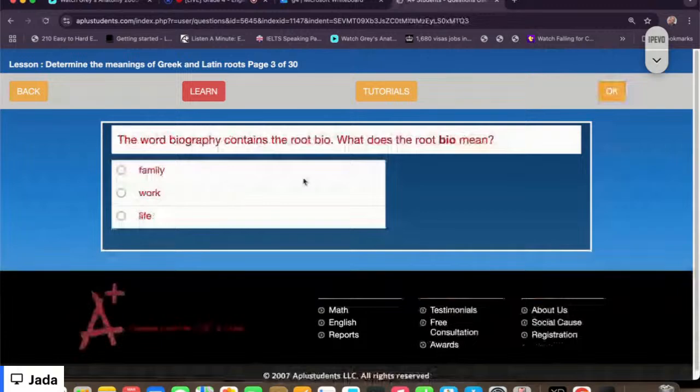So the word biography contains the root bio. What does the root bio mean? Family, work, or life?